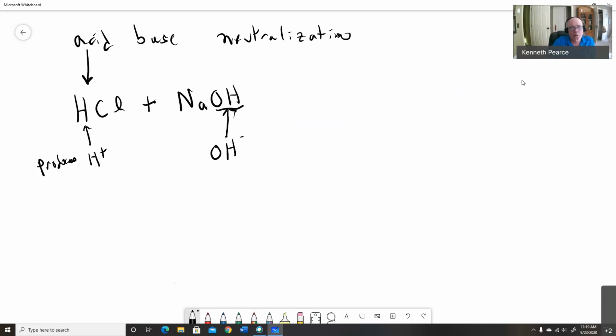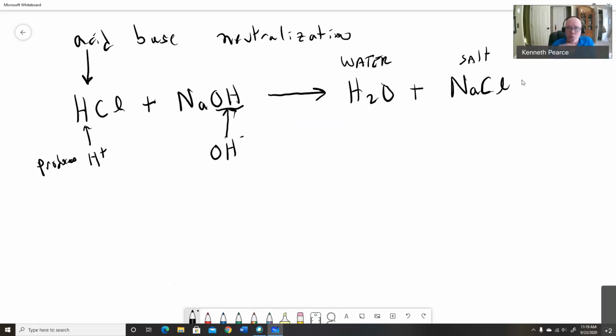Okay? And all acid-base neutralizations produce water plus the salt. Now, we have to be able to balance this. And here's the thing. All right, this is the molecular equation. And here is the key to doing acid-base neutralization reactions.